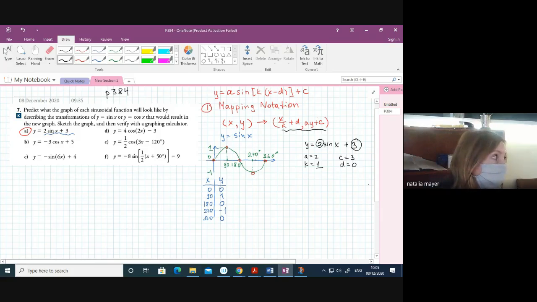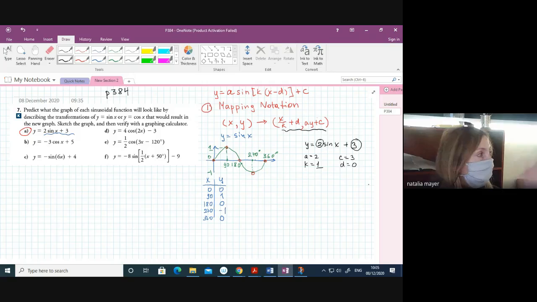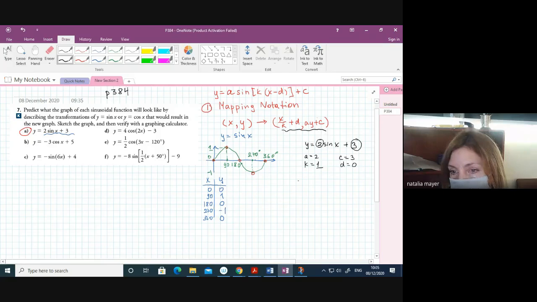Because this isn't an exponential function. We are already in trigonometric functions. Nothing is in the exponent. Are k and d always in brackets? K and d, yes.